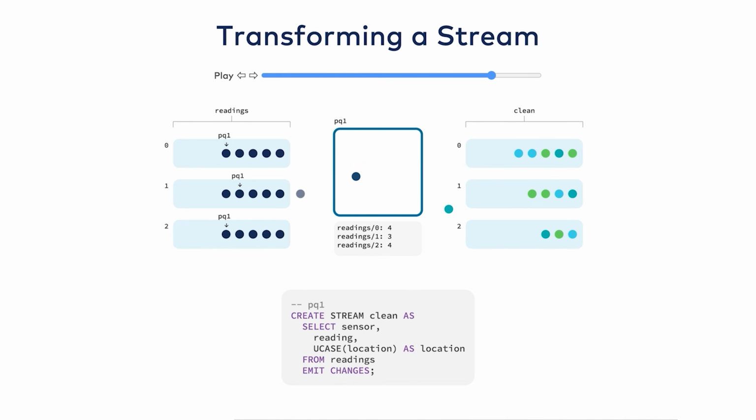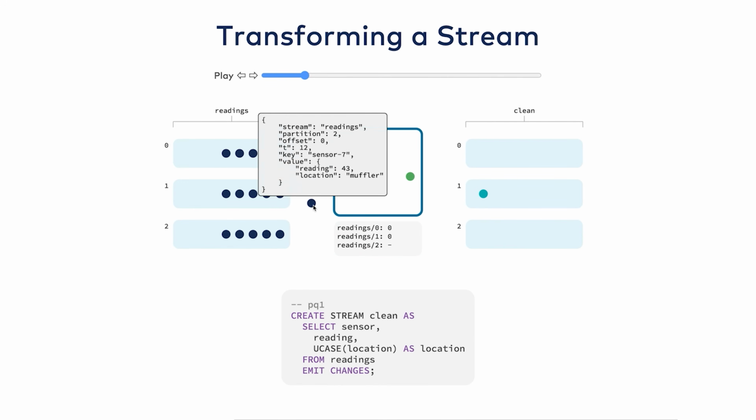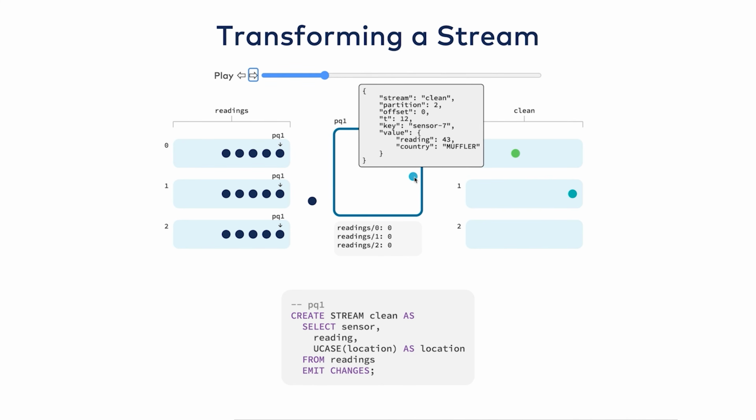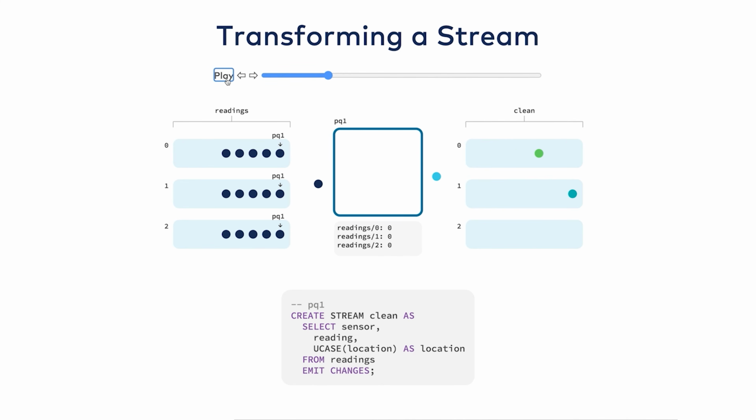What it's doing is that it's sitting there waiting for new rows to show up and processing them as they arrive. This row, for instance, is from partition 2, offset 0, and the location is muffler. You can see how when it passes through the query, it's converted to all uppercase. As the rows are processed, you can see how ksqlDB tracks how advanced each partition is by the processed offset. These offsets are committed automatically for you through the consumer protocol.